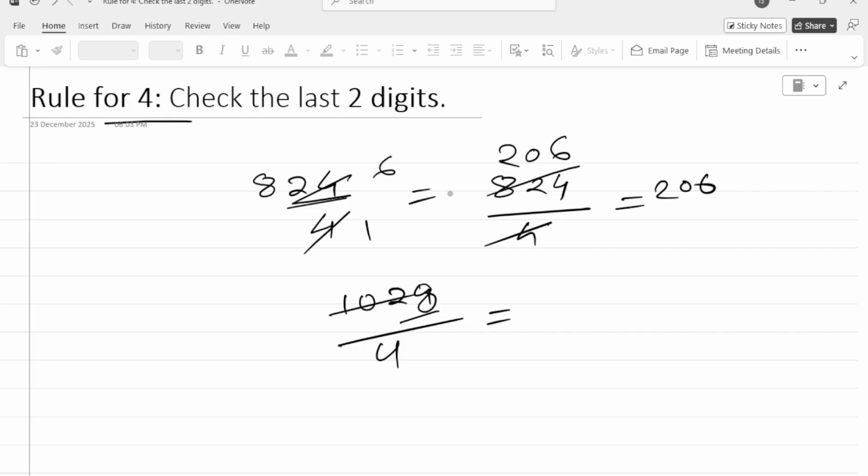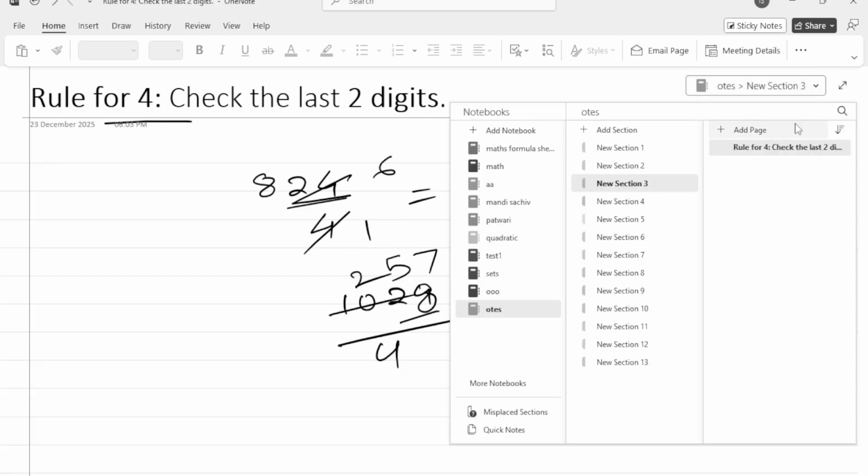Now 4 times 2 is 8, carry forward, and 4 times 5 is 20, and 2 carried forward, and 7 times. Here the solution is 257. That's the rule of divisibility for 4.